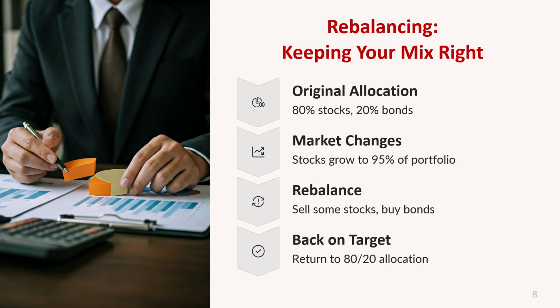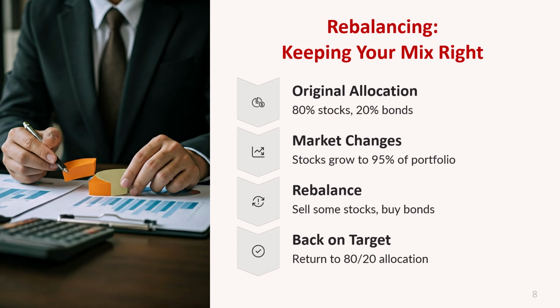Even with a great initial asset allocation, or even a target date fund, you need to be aware of something called rebalancing. Over time, your initial investment mix will drift. Market changes cause your actual allocation to shift from your target percentages.